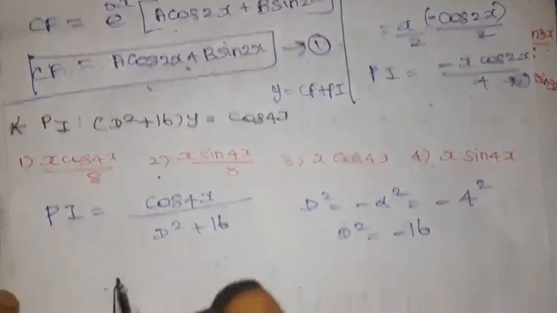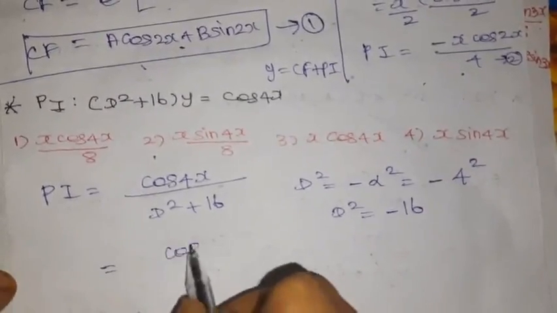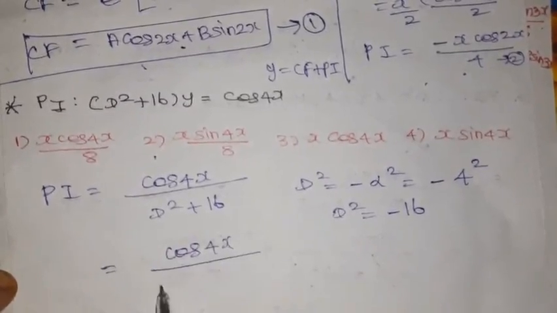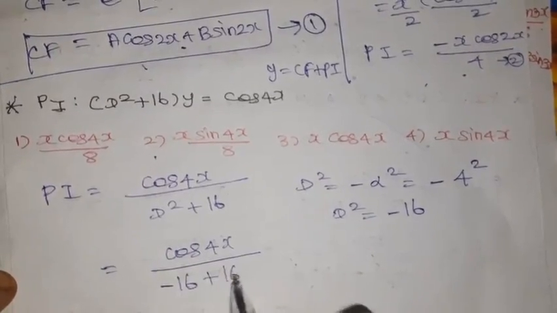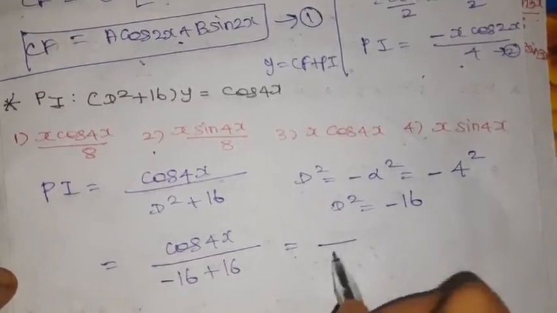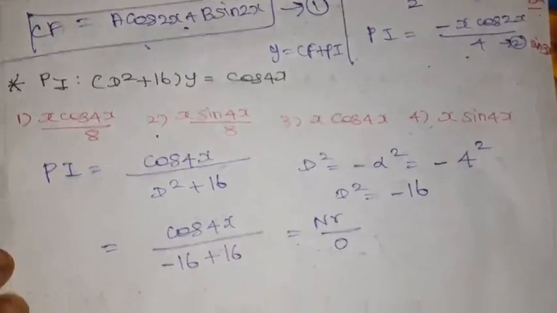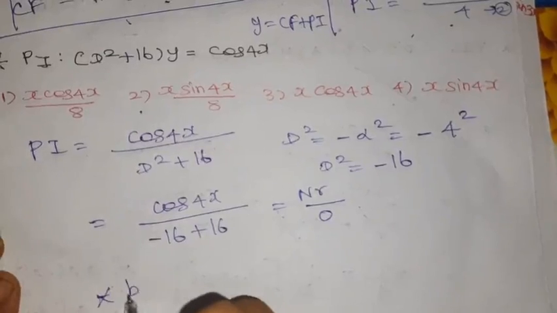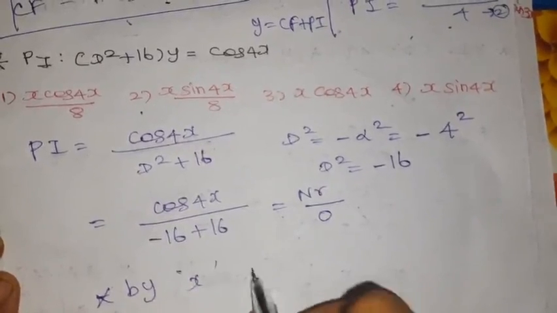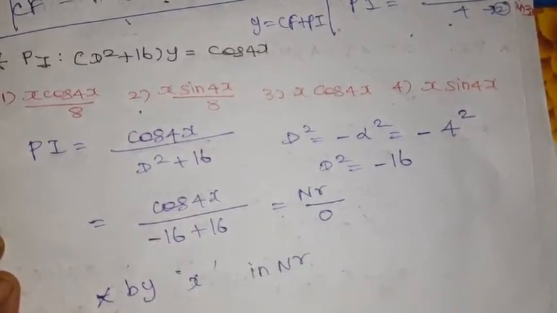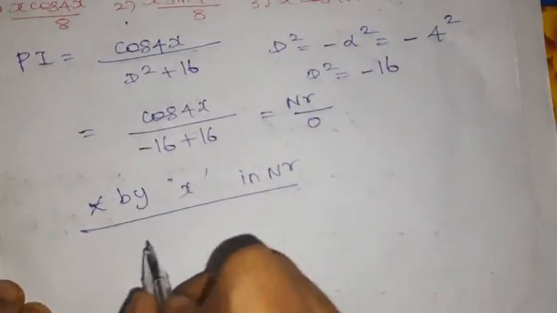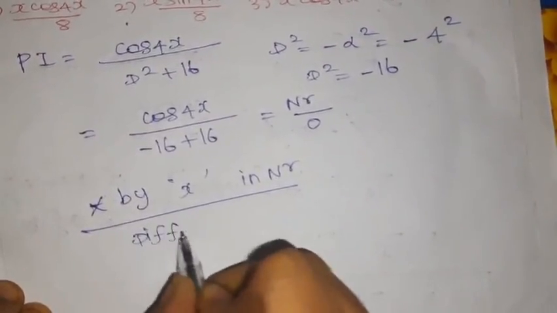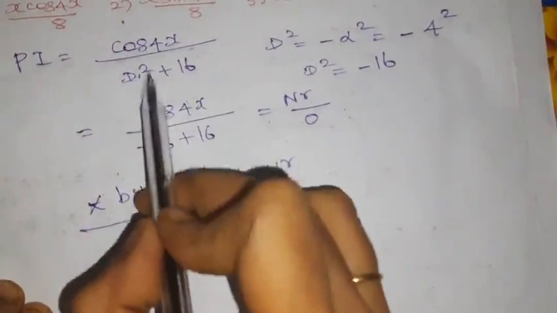So cos 4x by minus 16 plus 16, in the denominator we will get 0. Whenever 0 comes, we should do one thing. What is that? Multiply by x in the numerator and differentiate the denominator.